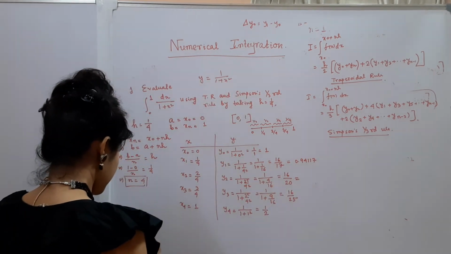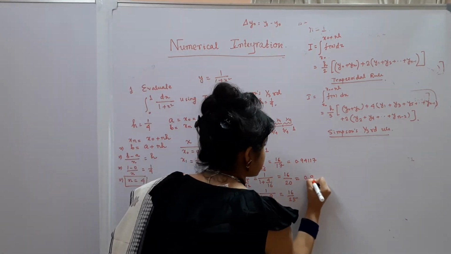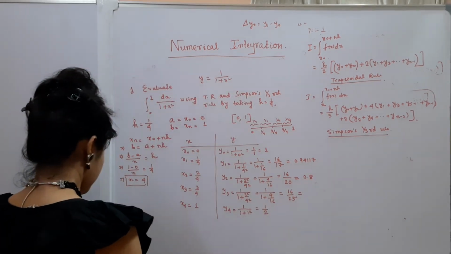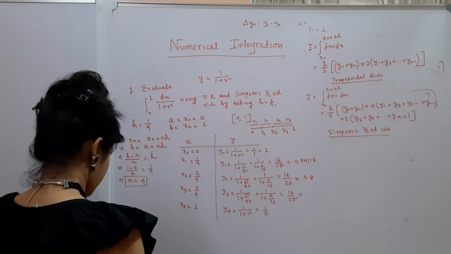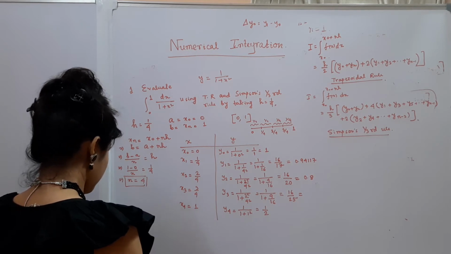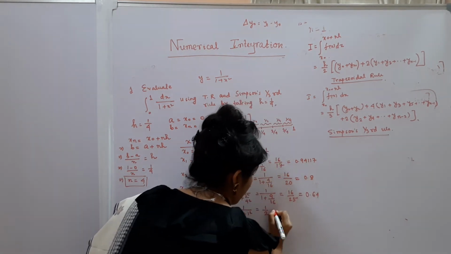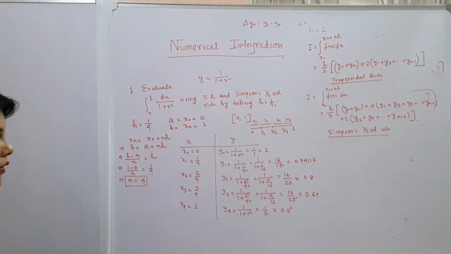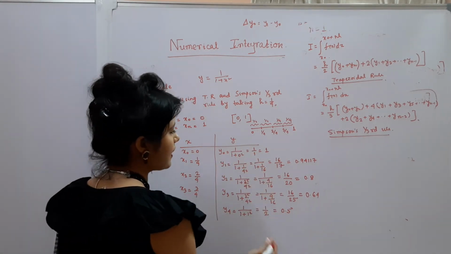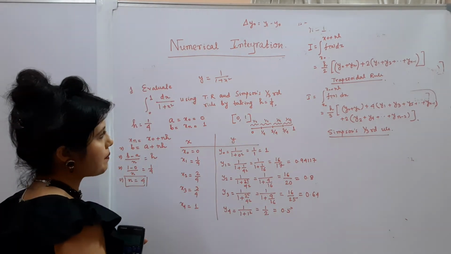Then 16 by 20 could be written as 0.8, and 16 by 25 could be written as 0.64, and this half can be written as 0.5. Okay. Now we have got all the values here. Then you can substitute them in this formula, that is the trapezoidal rule.